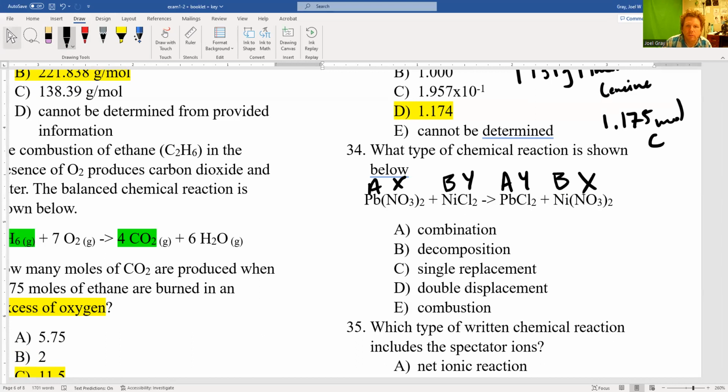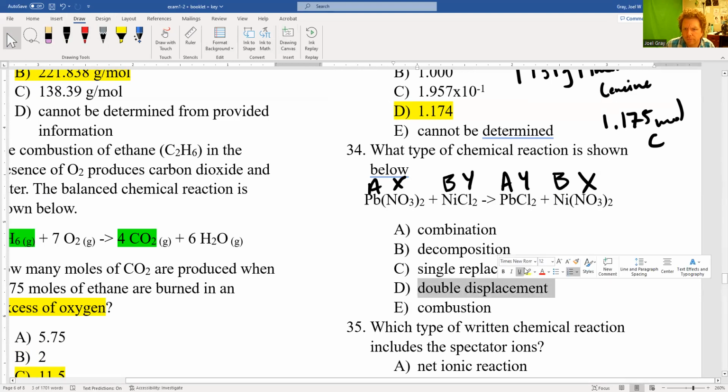Now that's the hallmark of what's known as a double displacement reaction. So our correct answer for number 34 is D. Right. Bubble that one in. 34 is D. We're good.